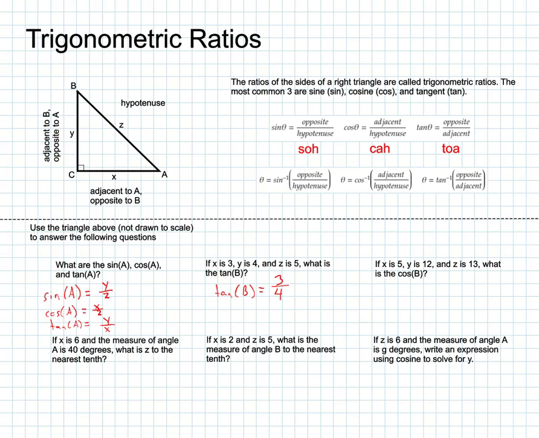If x is 5, y is 12, and z is 13, what is the cosine of B? So the cosine of B is going to be adjacent over hypotenuse. So adjacent to B is y, and y is 12. And the hypotenuse is z, which is 13. So the cosine of B is 12 over 13.